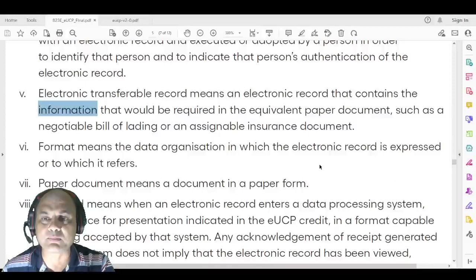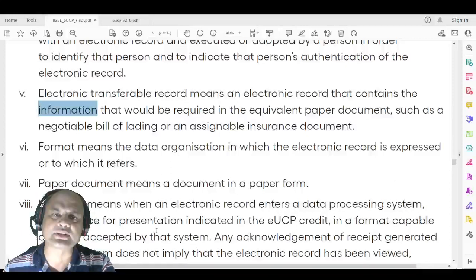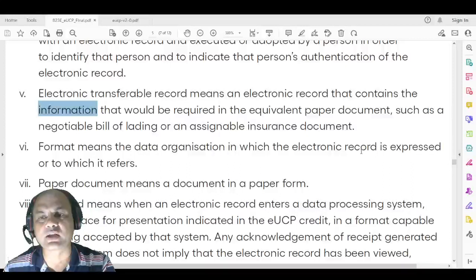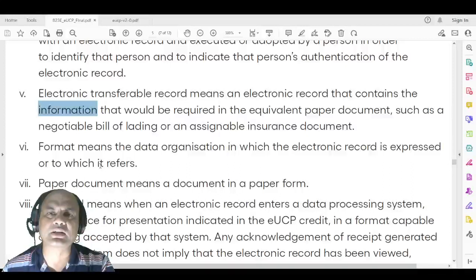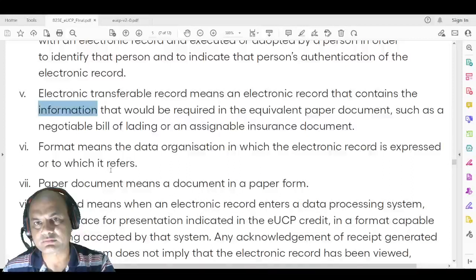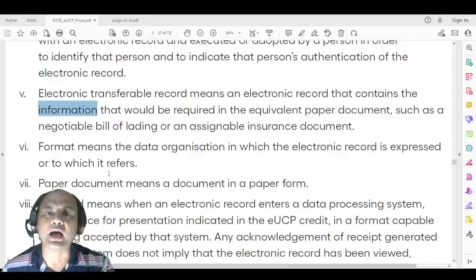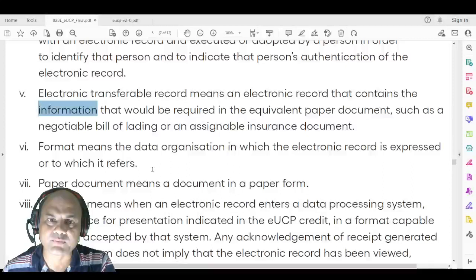Now let's go to number 6. These are the same ones as they were in the earlier eUCP 2 also. Format means the data organization in which the electronic record is expressed or to which it refers. Suppose I issue an LC stating that I want a certificate from the beneficiary in this format. It means I want it in this format only; your format or your wordings are not allowed.